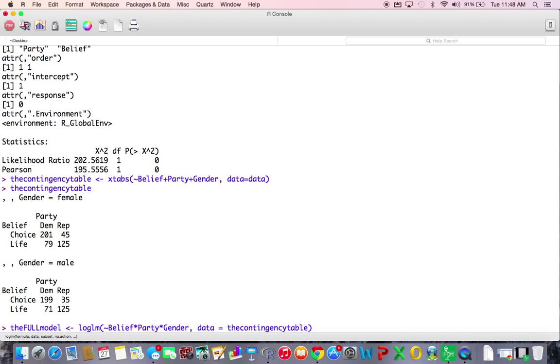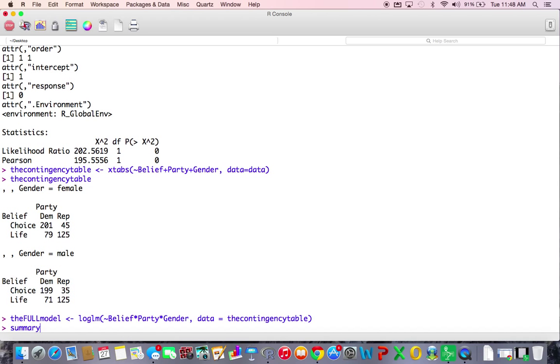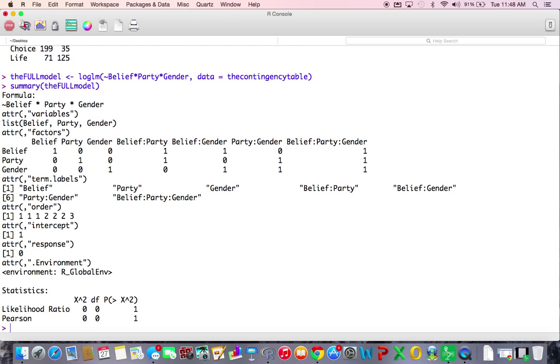All right, so you see what's going on here. This is going to give us the full model. Let's go for it. We want to do a summary. Let's see what happens. Well, as we expected, or at least I expected, our full model is non-significant, which tells us we need to go on and start looking at the lower level interactions.